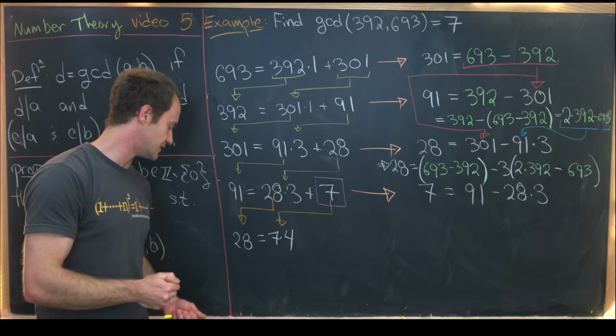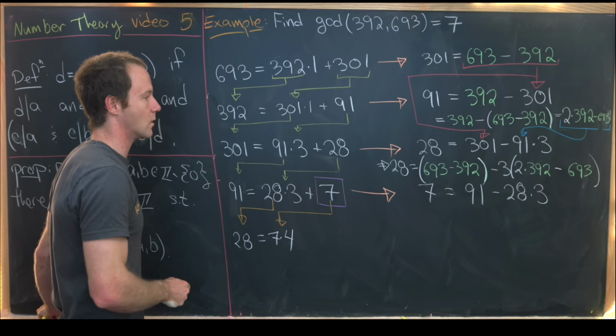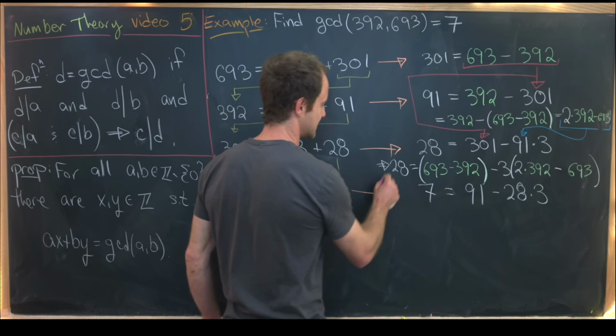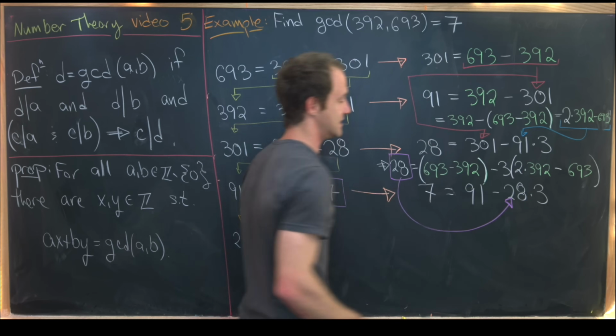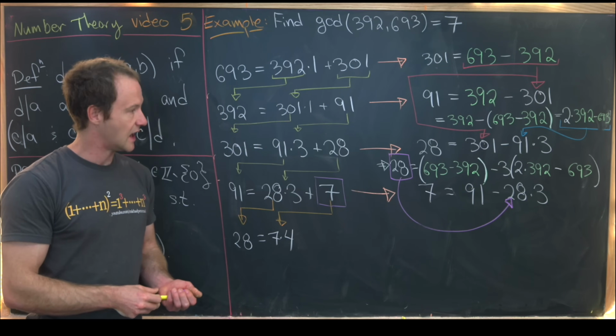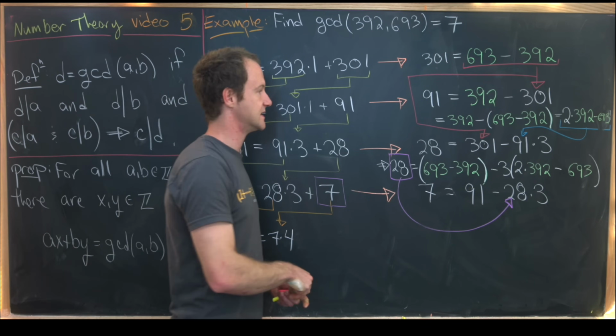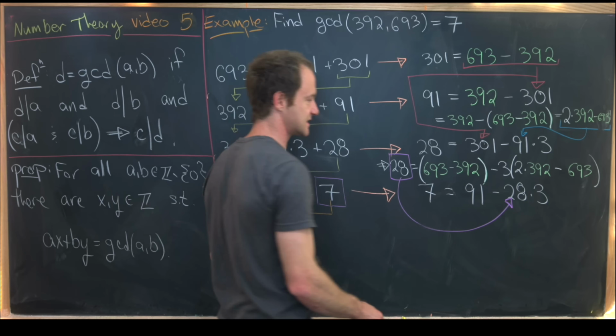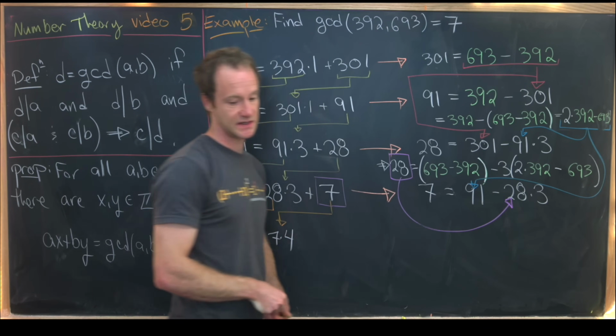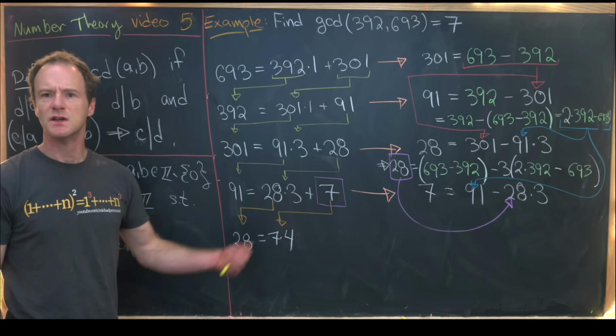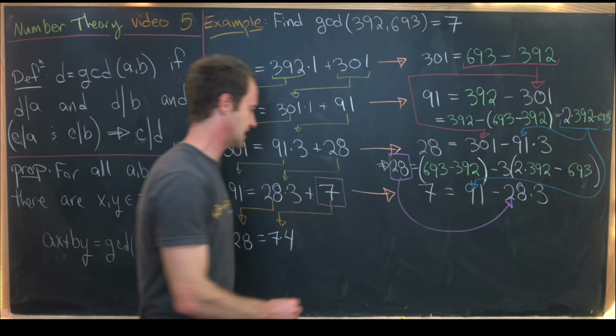We're going to continue this process for one more step. So I'll take this value here for 28, plug it into this equation, and then I'll likewise take our previous expression for 91 and plug it into this equation as well. So let's maybe fast forward to what that gives us.